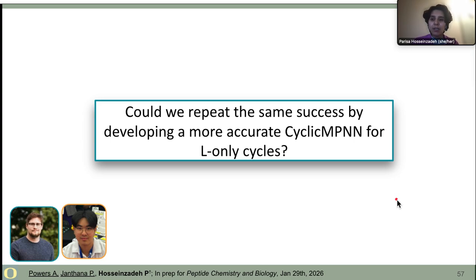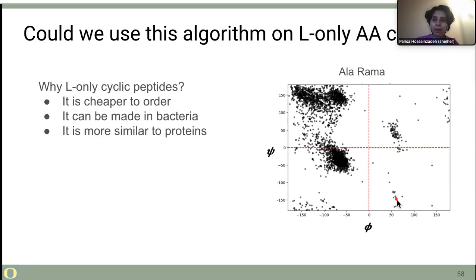Then, while this was going on, a postbac and graduate student said, can we repeat the same success by developing a more accurate cyclic MPNN for L-only cycles? So, why L-only?